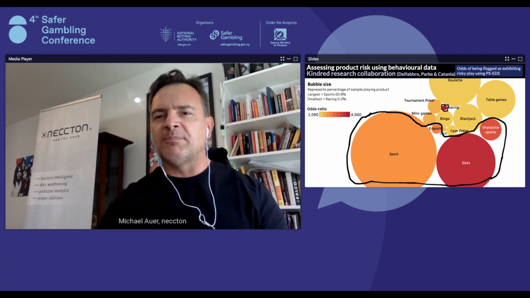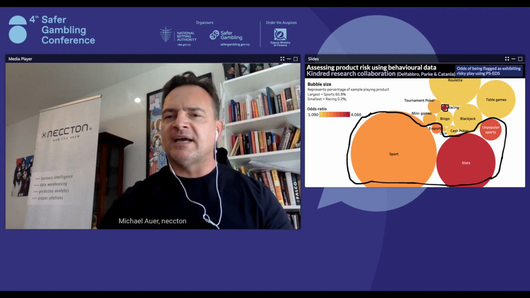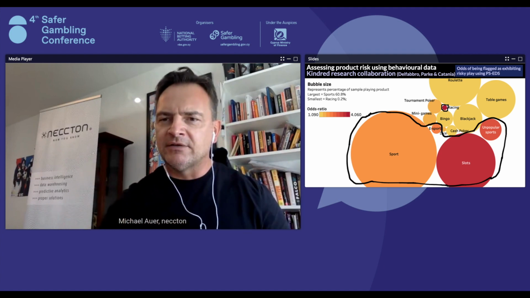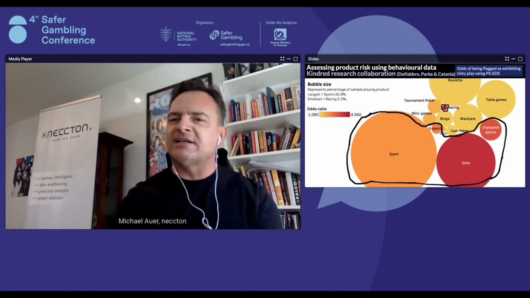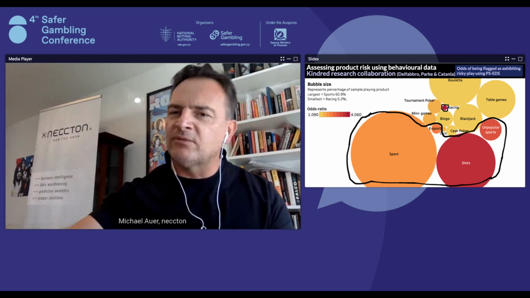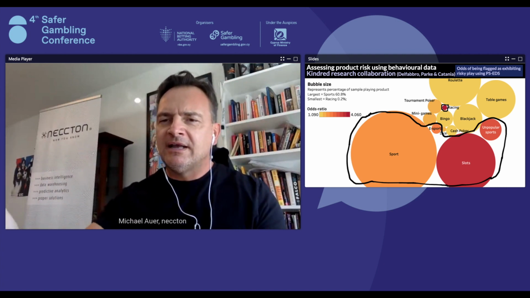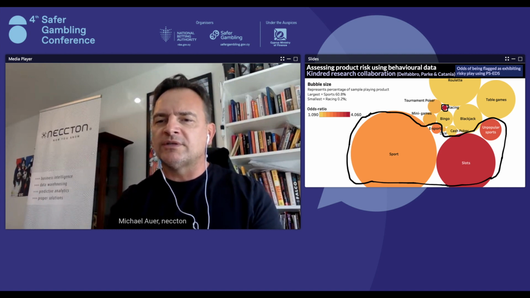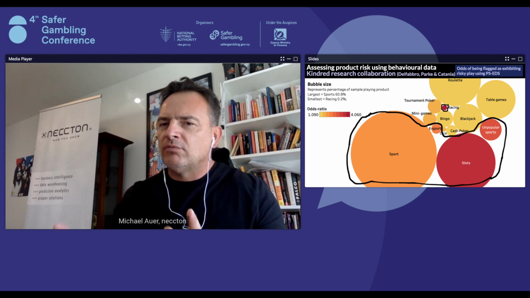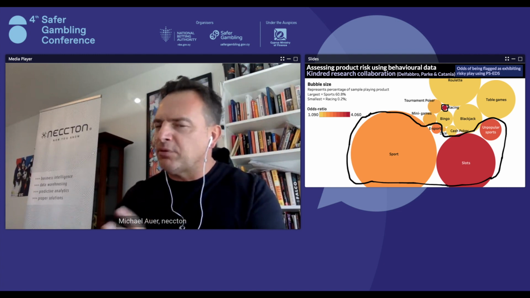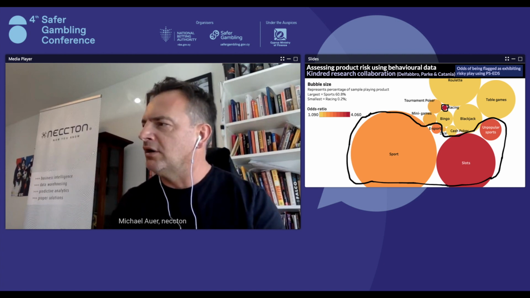But if you applied a monetary type of threshold algorithm, then nobody is problematic there, because they simply can't lose as much as elsewhere. Or in Sweden, where you have the weekly deposit limit of 5,000, I think, Swedish crowns, and more jurisdictions are introducing those kinds of limits. In order to detect problematic play, you need to look at behavioral aspects.